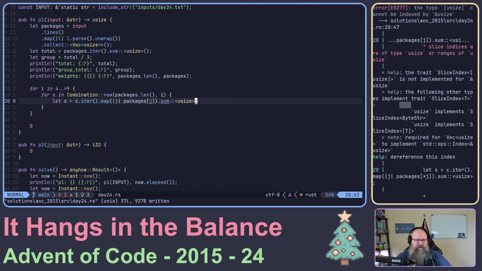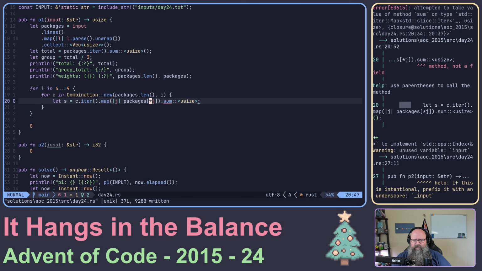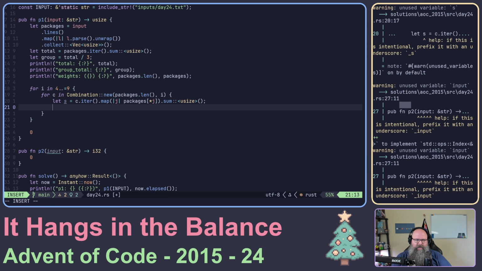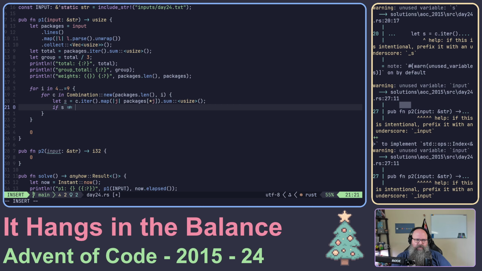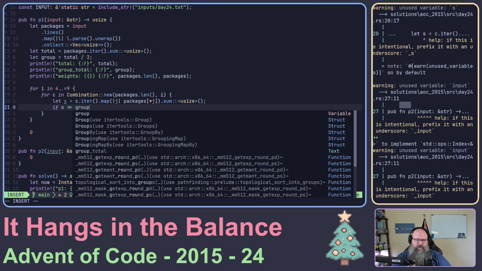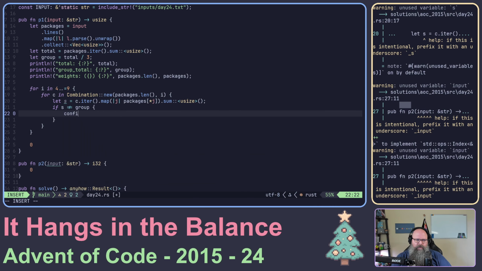Like that. Why isn't it like sum? Missing that maybe. Okay, so if s does not equal group, continue. I think we can do some of this in a functional way. We'll see.